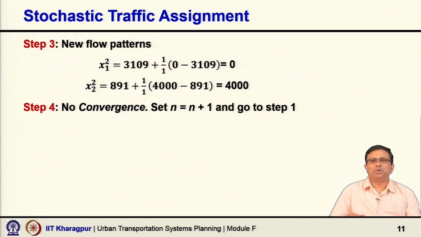Like that we will keep on doing, and when we find the maximum change in flow from the nth to the (n+1)th iteration is less than the acceptable error level, or no significant change in the flow from one iteration to another, then we stop.